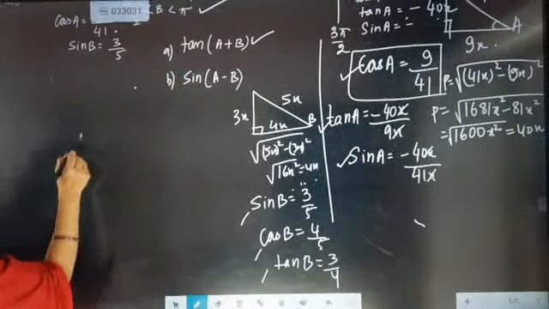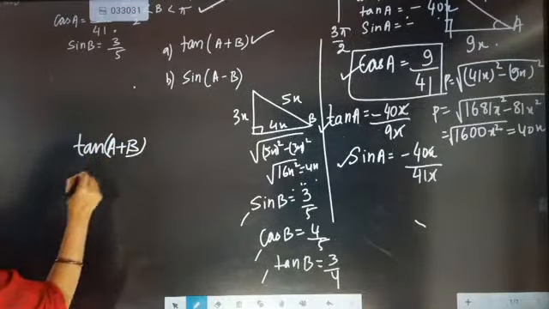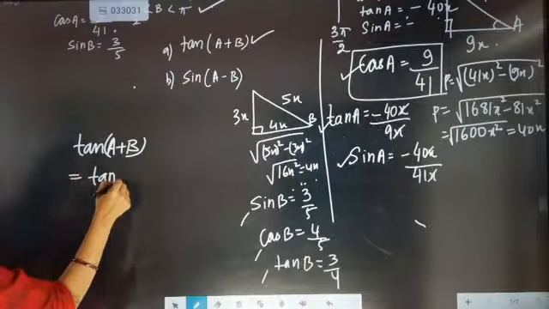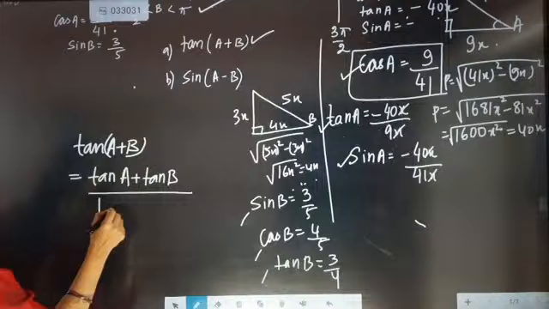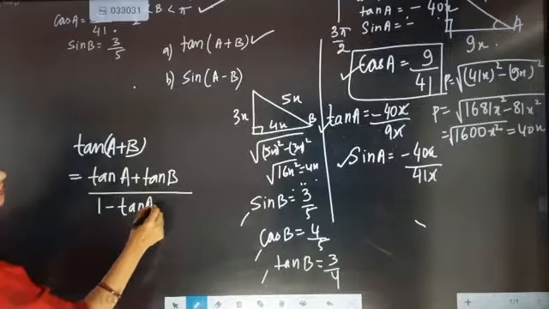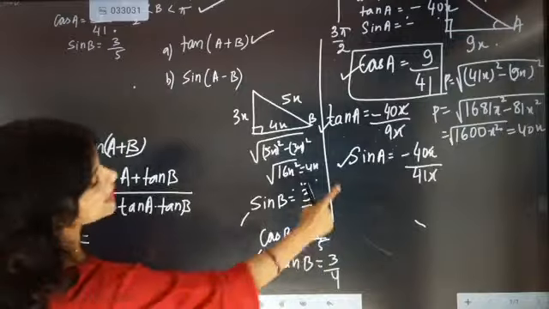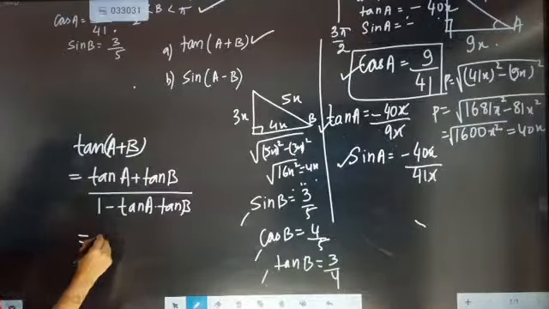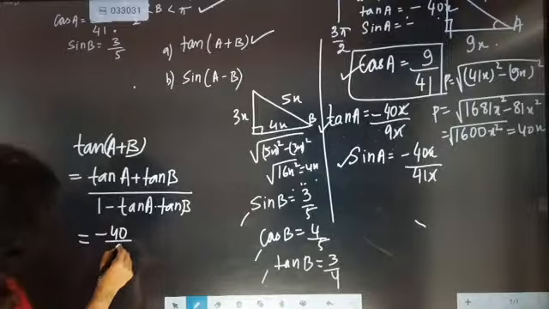Now the first question given is tan of A plus B. The formula for tan of A plus B is tan A plus tan B by 1 minus tan A into tan B. Now see, your formula is absolutely correct, but tan A is negative, so it will become minus 40 by 9.